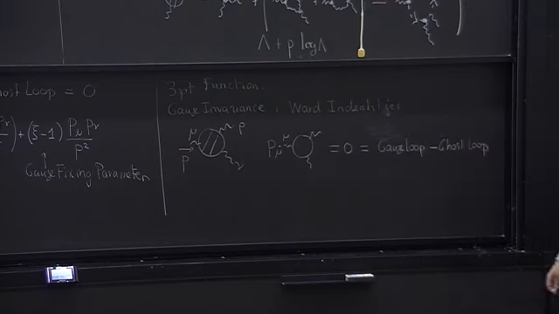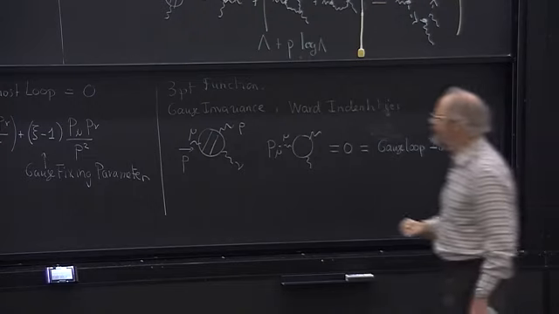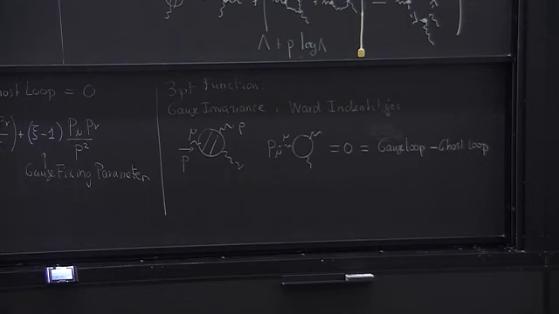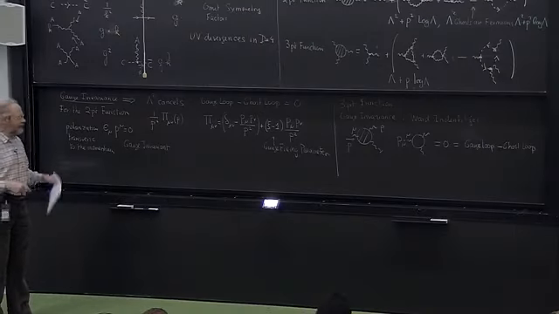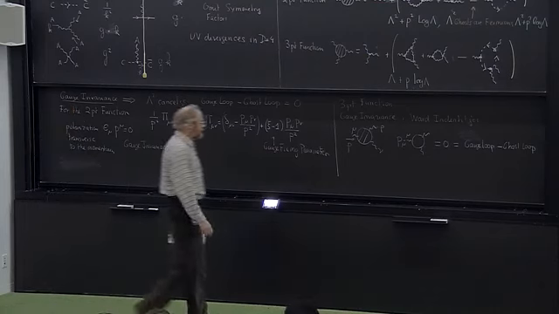Okay, so again, ghosts are crucial to satisfy gauge invariance. If you had forgotten the ghosts, or if you had made a mistake in your calculation, you would have got something wrong. Okay.